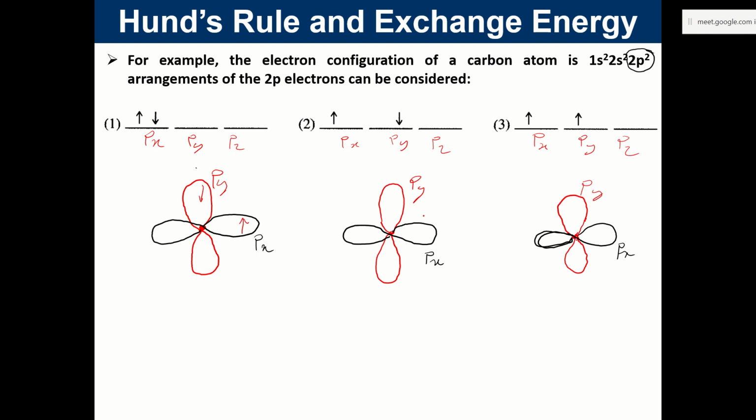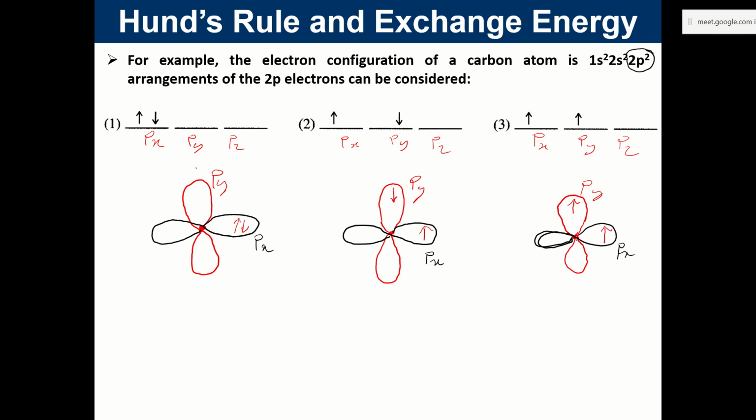px upspin. Sorry, इस केस में मैंने क्या किया. So 2 electrons together here and 2 electrons one over here in the py. ठीक है. और इस केस में px, दो parallel.